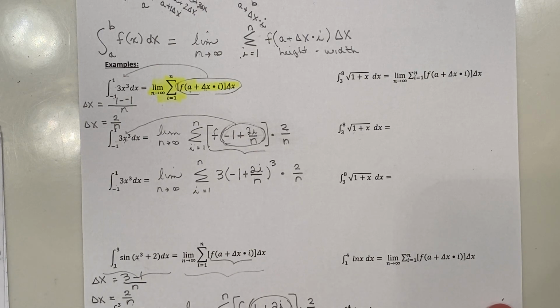I'm going to go to a bracket right here because I'm going to reach inside here and do sine of x cubed plus 2. I'm going to close my bracket. So I've got the sine, and then here I'm going to put x cubed and then plus 2. And then the dx is going to be represented with 2 over n. So right here in this slot is my input, 1 plus 2i over n.